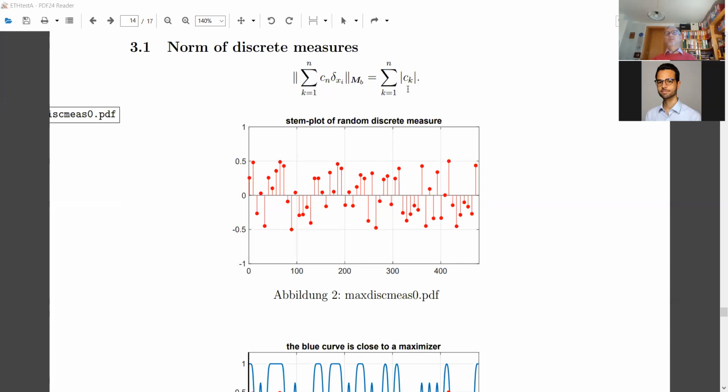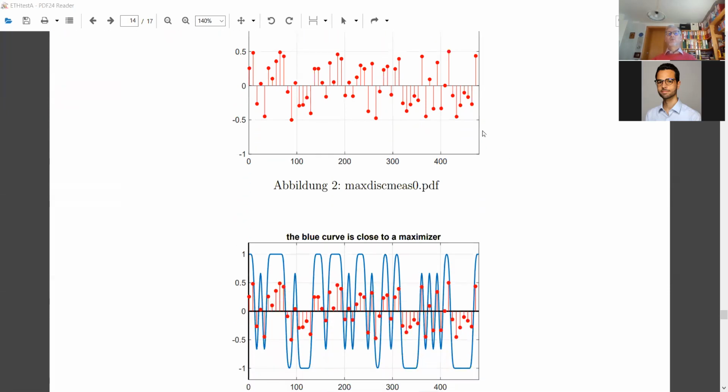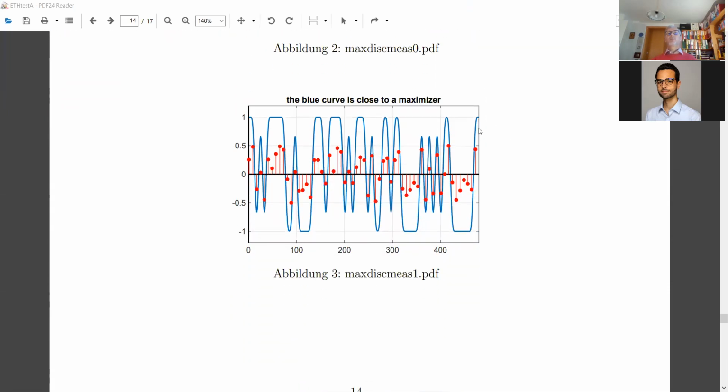So I would say, remark, if all the coefficients are positive, that's very easy. You just take any function which has constant value at all those finitely many points and then goes down. So choose a smooth or some plateau function. That's very easy. However, now look at this picture.